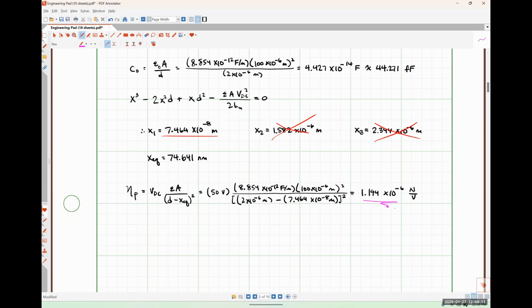So this electromechanical transduction factor is fairly valid as long as our perturbation voltage is small compared to VDC. So if we're talking about 1 to 5 volts or so of AC voltage compared to a 50-volt DC signal, this is probably going to be fine. But if we used a larger AC signal, our analysis might not be as accurate.